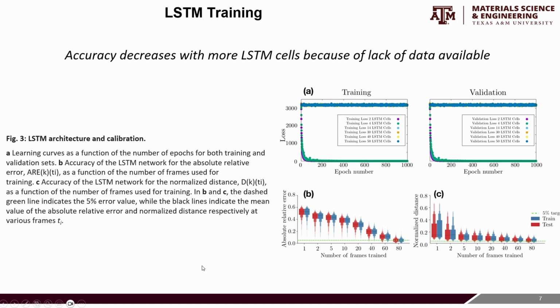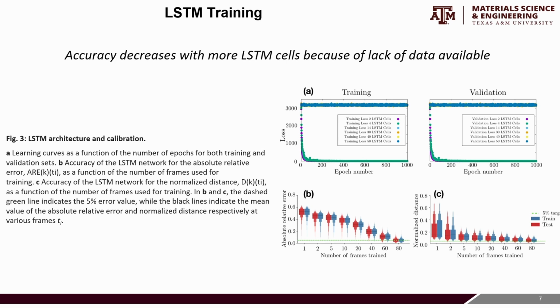With LSTM training, this is very interesting because more LSTM cells did not lead to better performance. It actually saw the best performance with 2 and 4 cells. In fact, the researchers chose to use 2 cells. And the reason why it worked better with fewer cells was because there wasn't enough data.